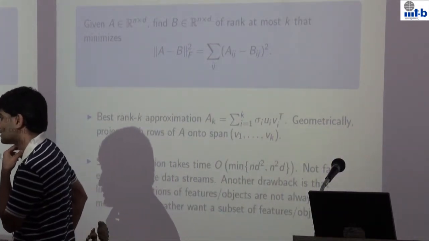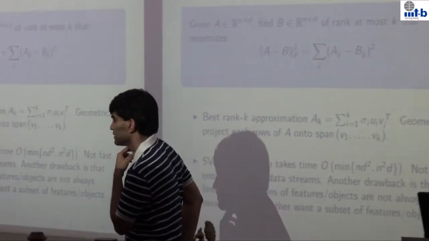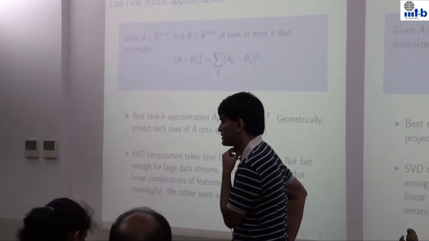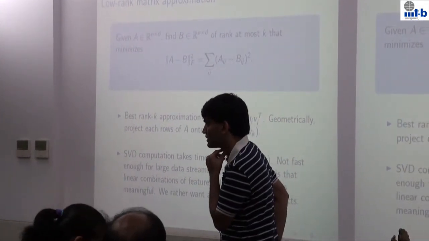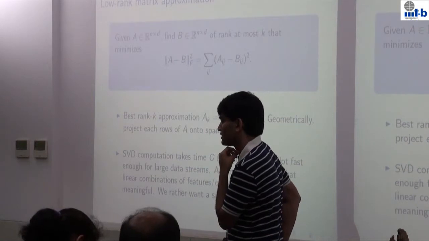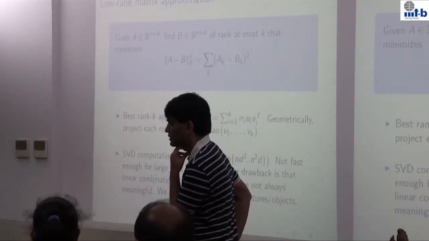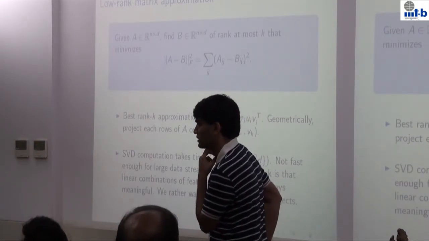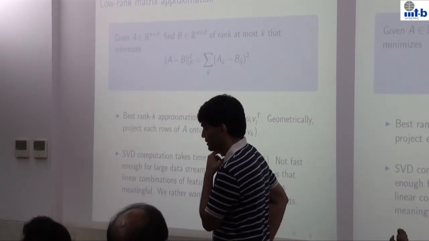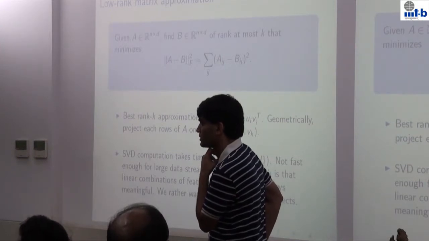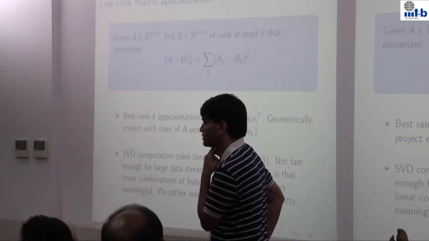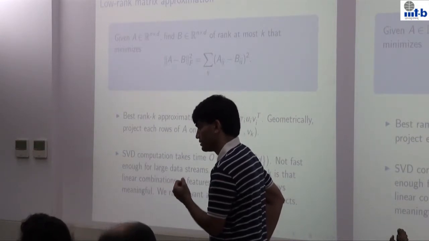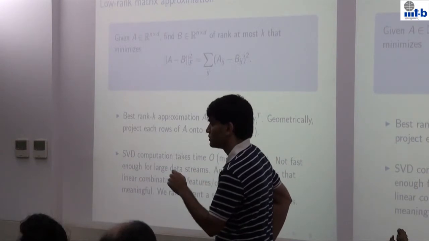Let me take, for example, that my objective is to find out where the diabetes related gene is. Most of the people are not diabetic. So if I have a collection of data with diabetic and non-diabetic people, will I still be able to use this linear combination approach?